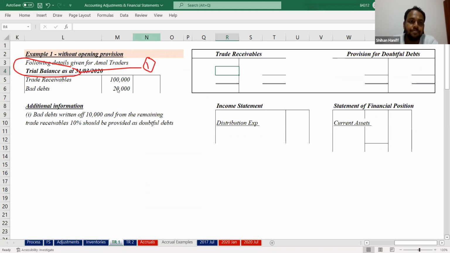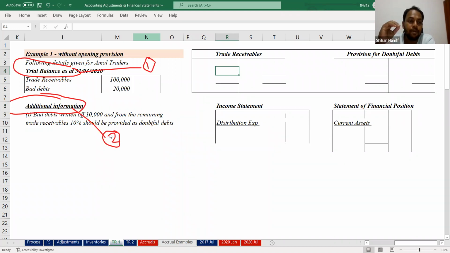And in the additional information, you have to record in two places, double entries, because when preparing the trial balance, already the double entry is passed. So there we have to take only the balance. But when they give the additional information, you have to make the double entries.